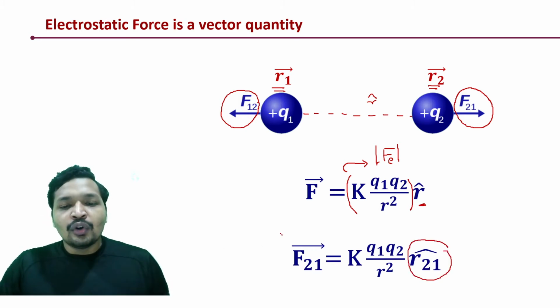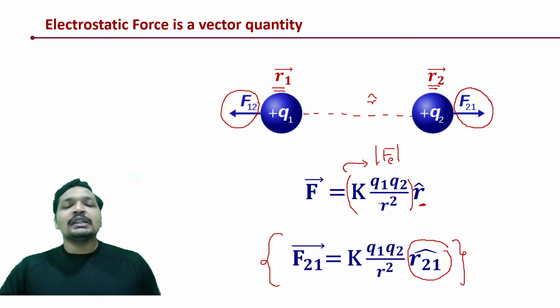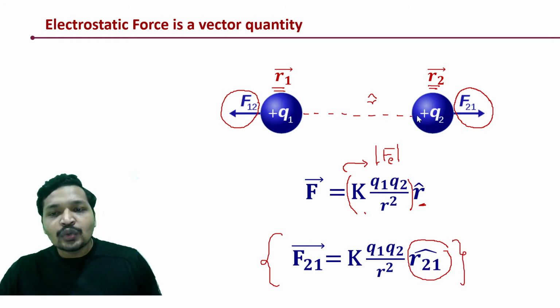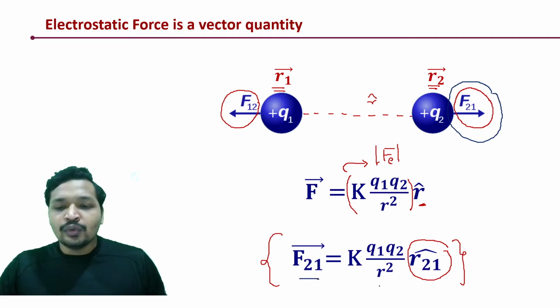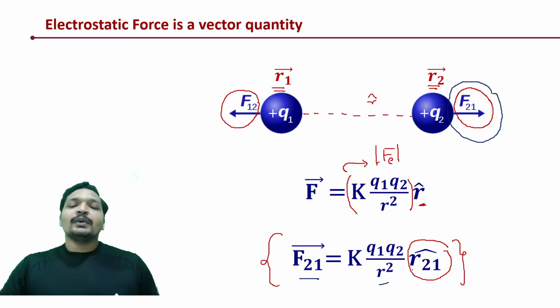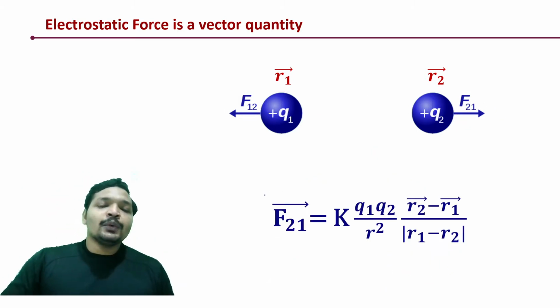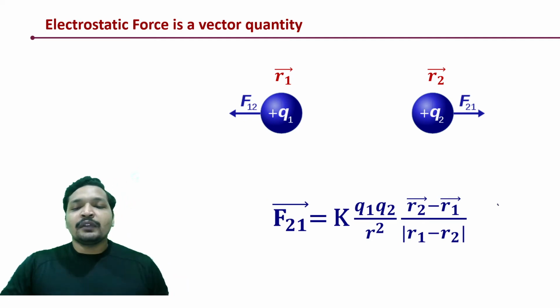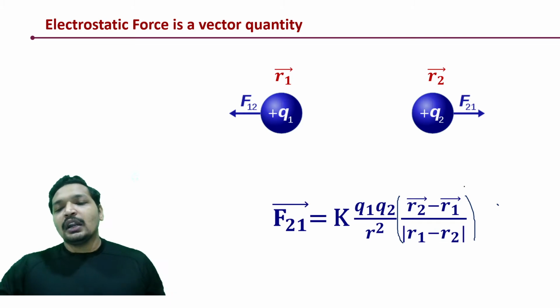So what is going to be F21? F21 is K into Q1 Q2 divided by r square into r21 cap.